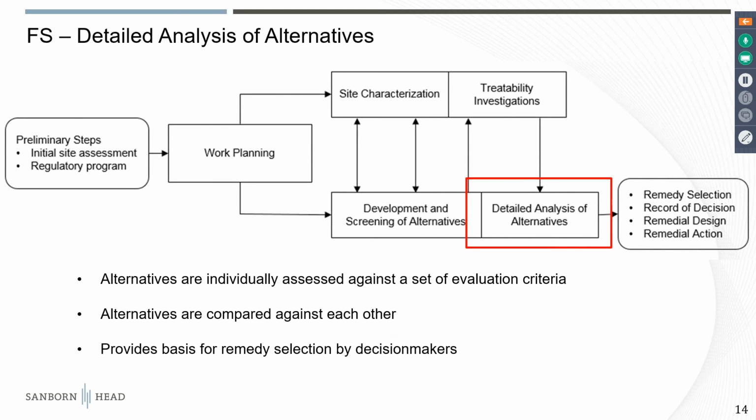Okay, so now we have our alternatives assembled, and the next step is to go through a detailed analysis of those alternatives. And these alternatives are assessed against a set of evaluation criteria, and they're compared against each other, and they provide the basis for selection by the decision makers.